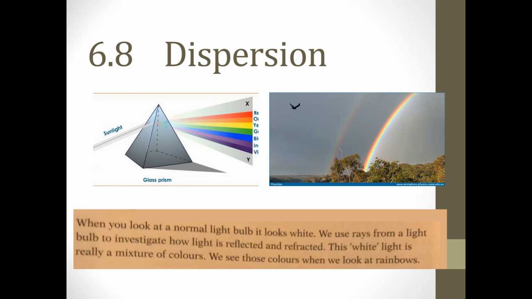We use rays from a light bulb to investigate how light is reflected and refracted. So we use this light to do an experiment showing us how the light is refracted and reflected. This white light is really a mixture of colors.